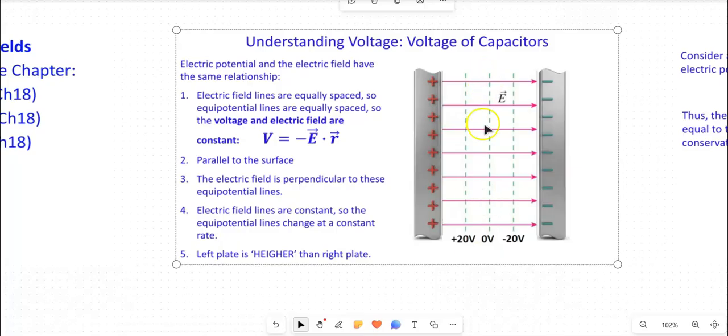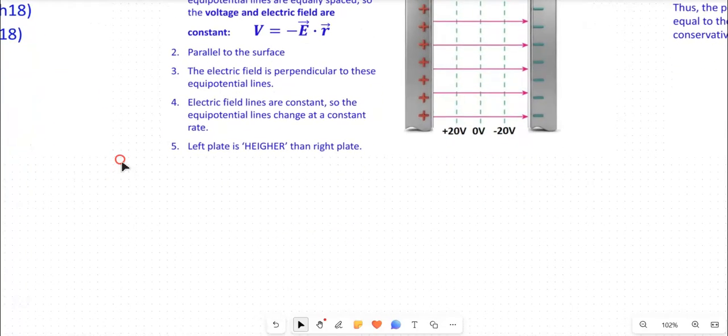In a capacitor, the central potential line is always 0 volts. We have to view this as the high plate. If you're standing here at the bottom looking up, this would look like a flat surface.